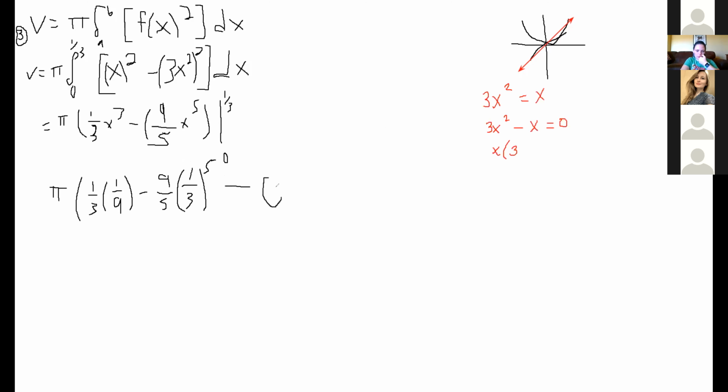And then it's minus 0 because both terms would be 0. Close the parentheses, and then. Would that 1/9 be 1/27? Yes. I can't do math. I'm sorry. Oh no, you're all good. I just multiplied it by 3 and didn't actually cube it.